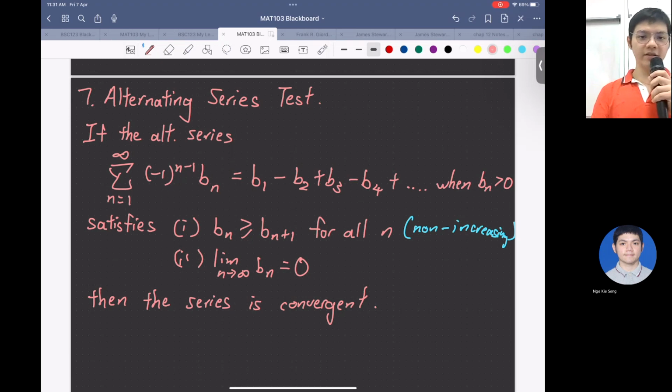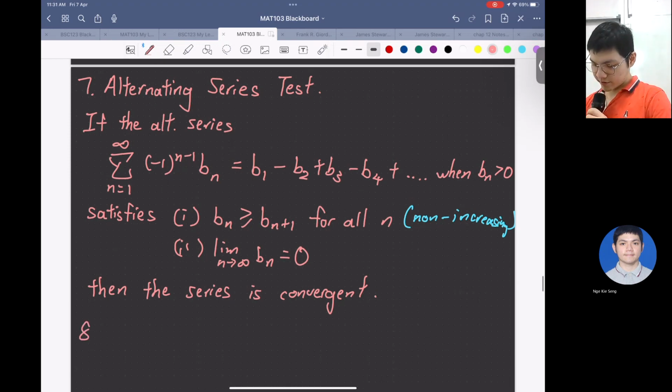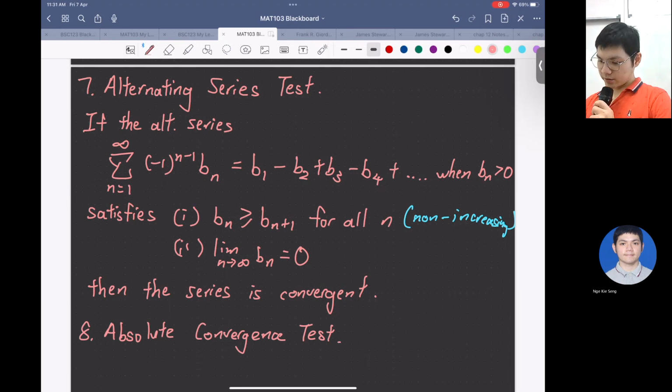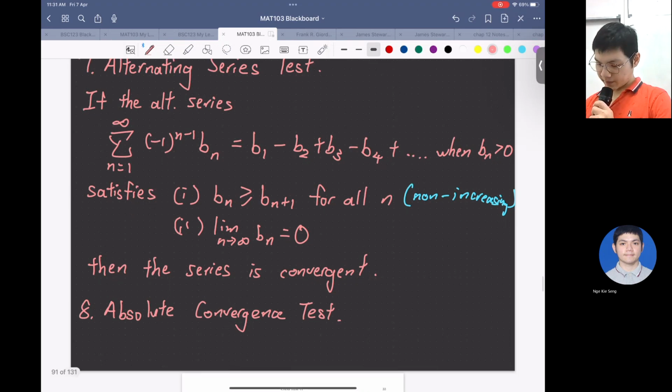So these two conditions are enough to check whether an alternating series converges. I think there's one more. Okay, one more. There's actually the absolute convergence test. So what's the absolute convergence test?